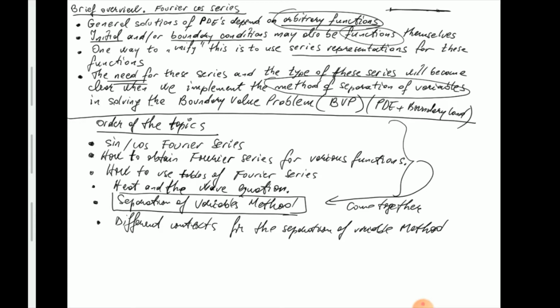So there are little adjustments you can make so that you can bring the problem in a form that you know how to solve. But at the root of all, it's still this separation of variable method. And then when I say different contexts, I also mean situations in which you need, like I said before, different types of series. In particular, we're going to talk about Bessel series, Fourier Bessel series, and Legendre.